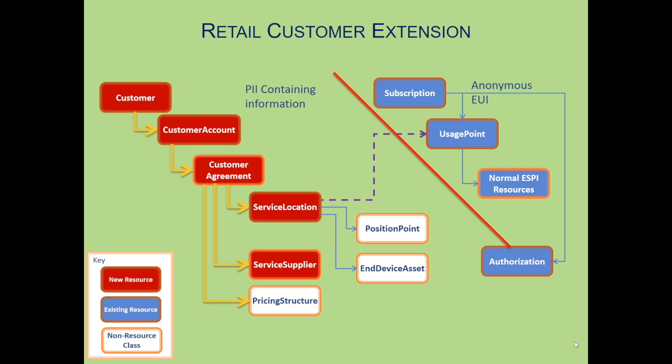The only thing that the utility has to do is ensure the UUIDs are the same for those two. So how do I, as a retail customer, give that third-party access to this retail customer? Well, I have to authorize it, the same way that I authorize access to the energy information. So I, as a retail customer, have control over whether I want this solar company to have my demographic information or not.